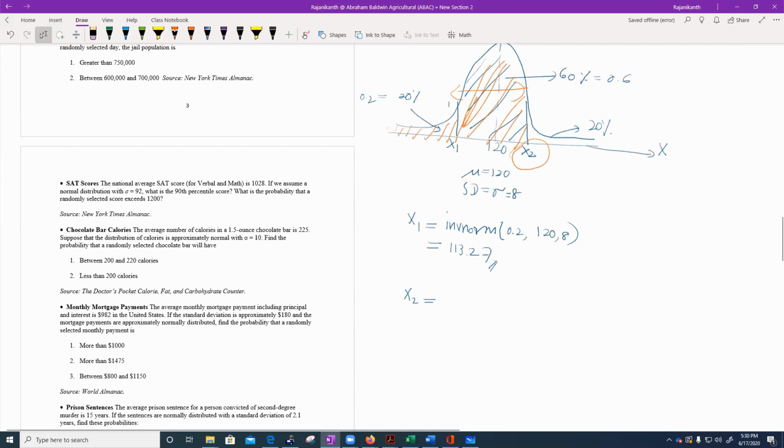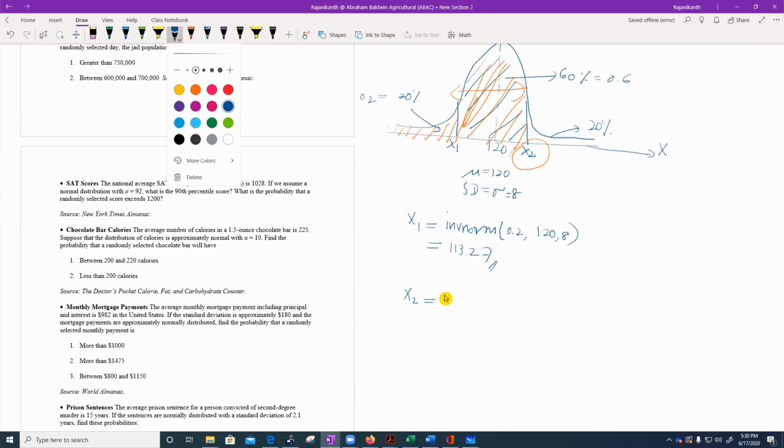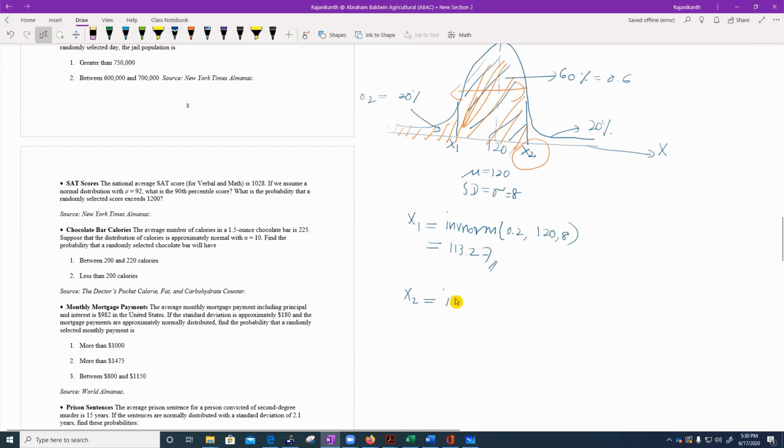Okay, therefore you need to plug in the left side area as 0.8. So that is inverse norm, and I'm typing now the left side area to x2 is 0.8, and again 120 and 8. So the 0.8 is nothing but the left side area of x2.